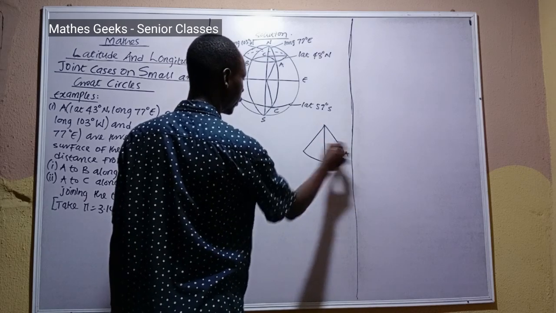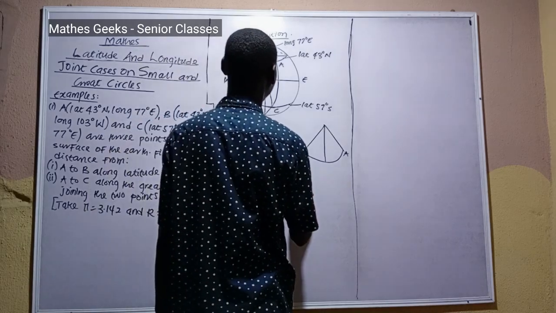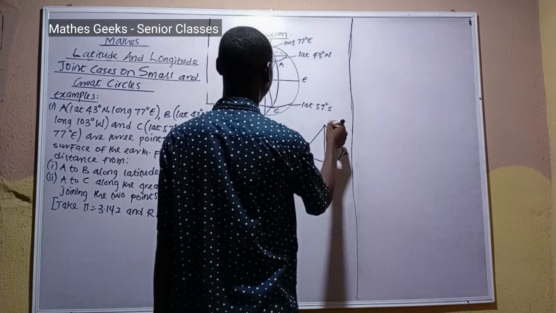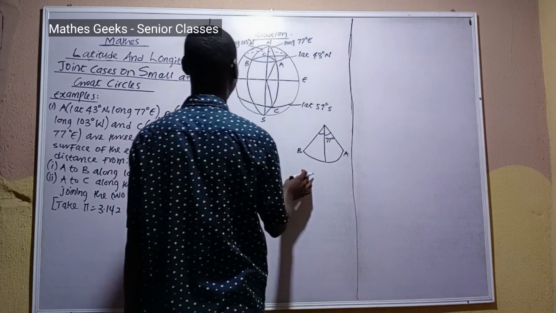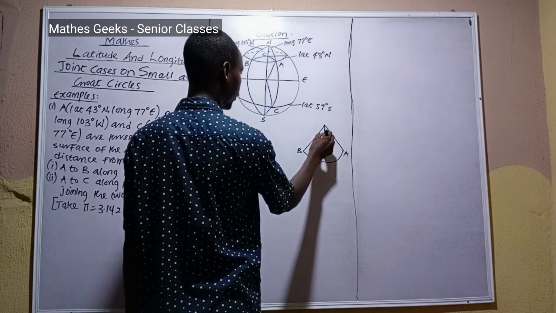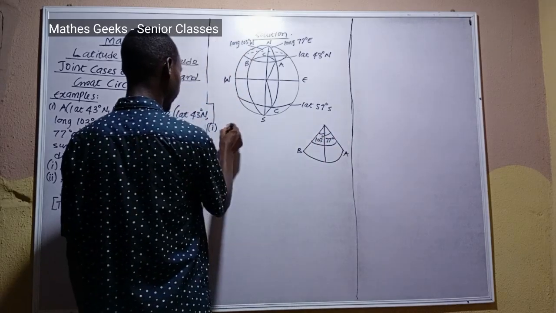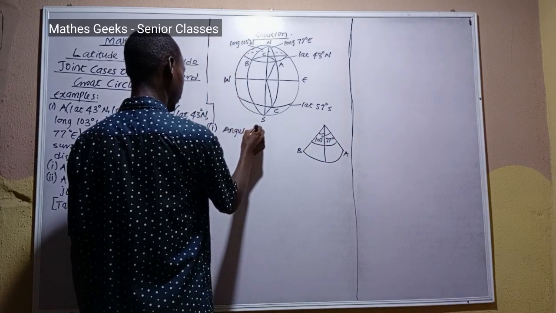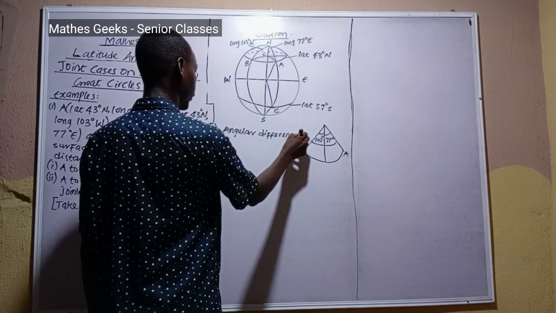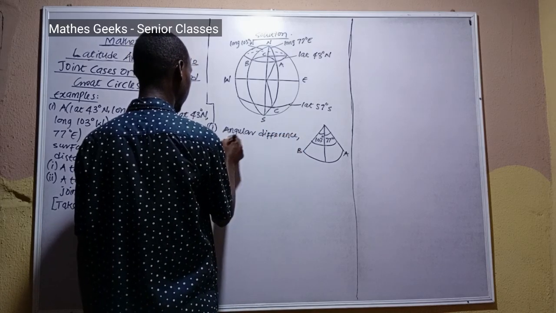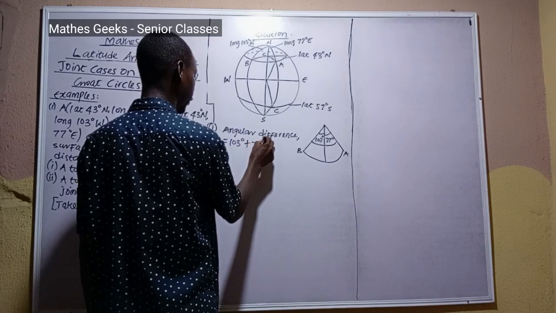So this is A, this is B. A is longitude 77 degrees, B is longitude 103 degrees. The total is the angular difference, and the difference theta is equal to 103 degrees plus 77 degrees.